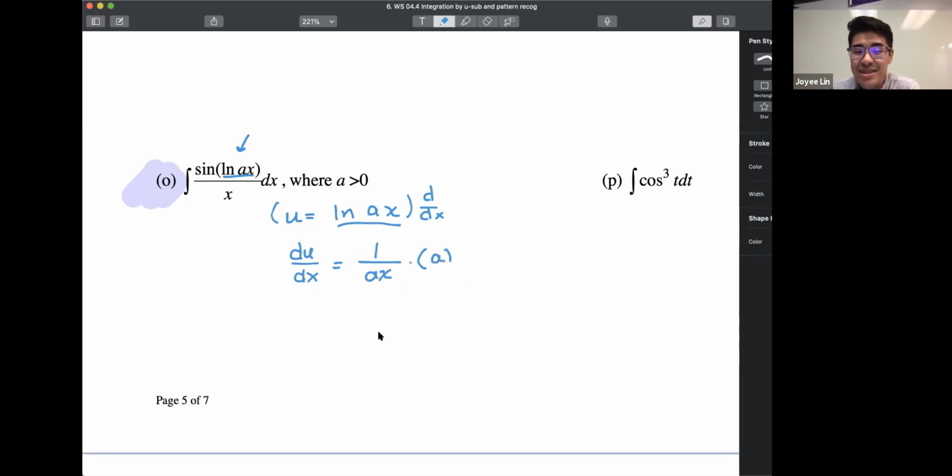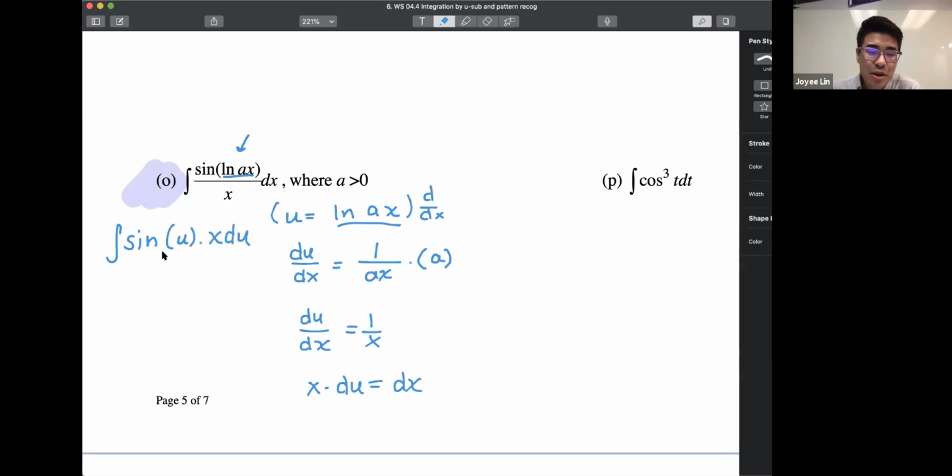A is a constant, so we get du dx is equal to 1 over x. If I cross multiply this whole thing, I get x times du is equal to dx. And now I can do my substitution, right? So I have my integral of sine of u times x du over x.